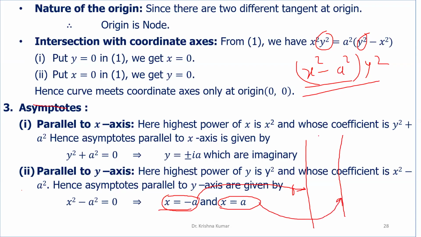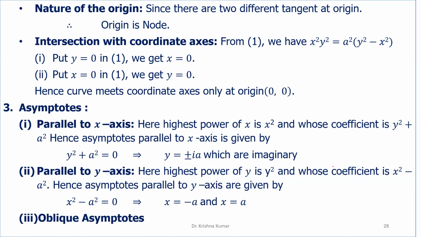So the whole curve lies between x equal to minus a and x equal to plus a. In this strip the curve will lie only. Okay, let us go ahead to check about the oblique. There are no oblique asymptotes because we have the parallel asymptotes.